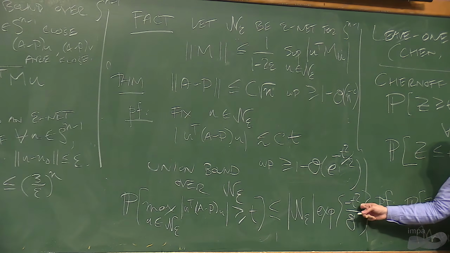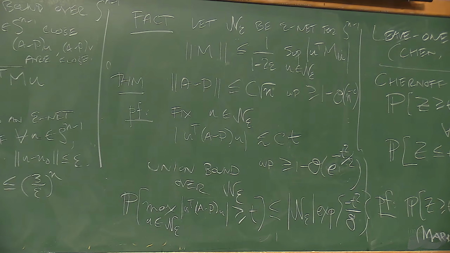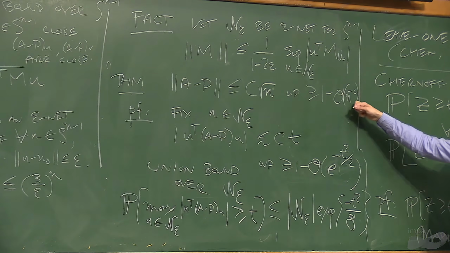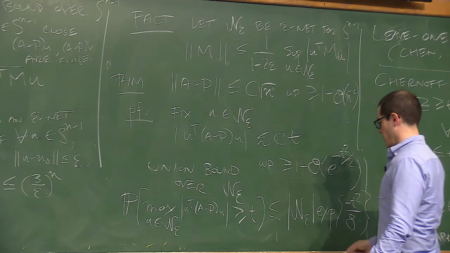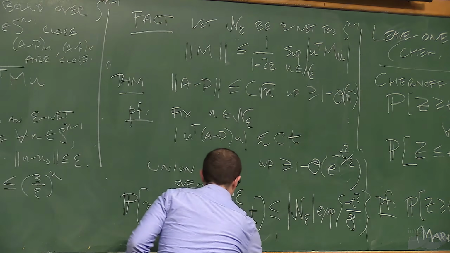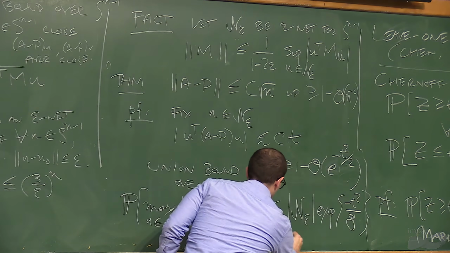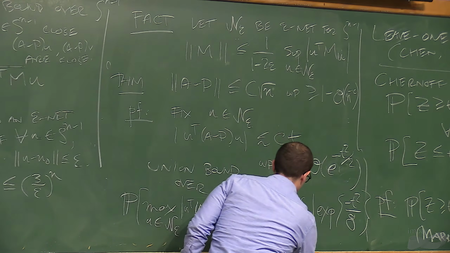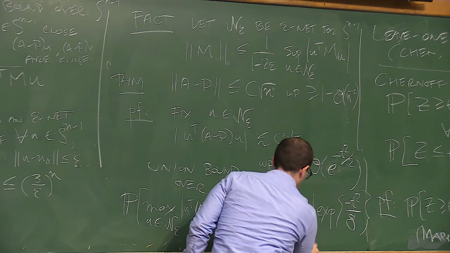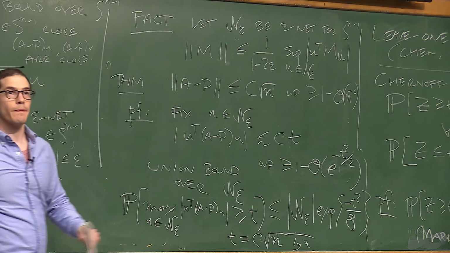I'm going to choose t to be root n, so that t squared is n, and I need to add a little bit of extra stuff to get a log n factor here so that I get back my c. So the last step is to choose, we almost ran out of board, t equals c root n times something like log n, for c suitably big. Okay, and we're done.